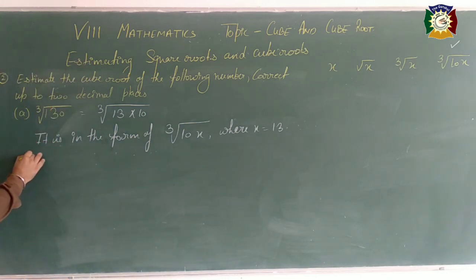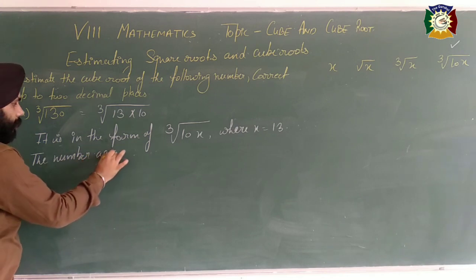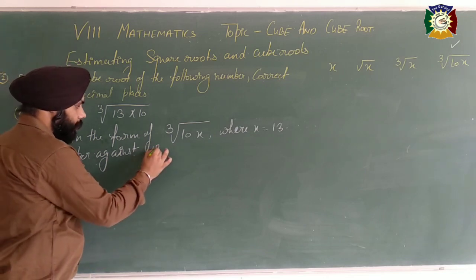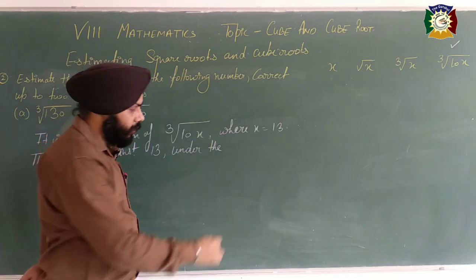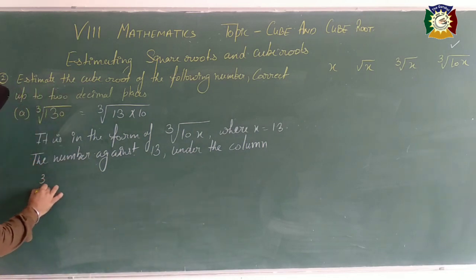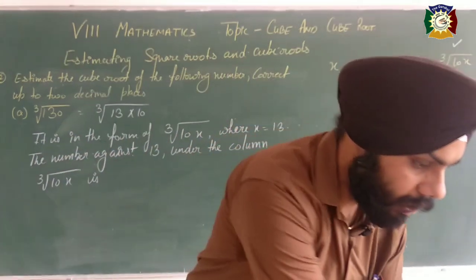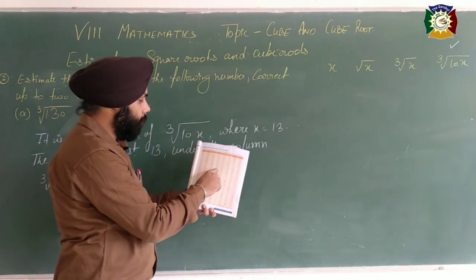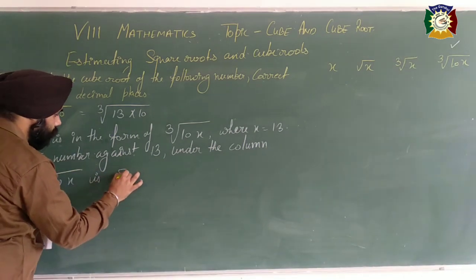We check the number against 13 under the column cube root of 10x in the table. The cube root of 10x for 13 is 5.066.